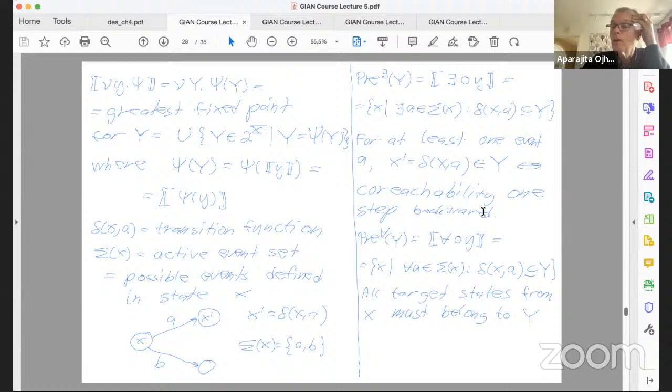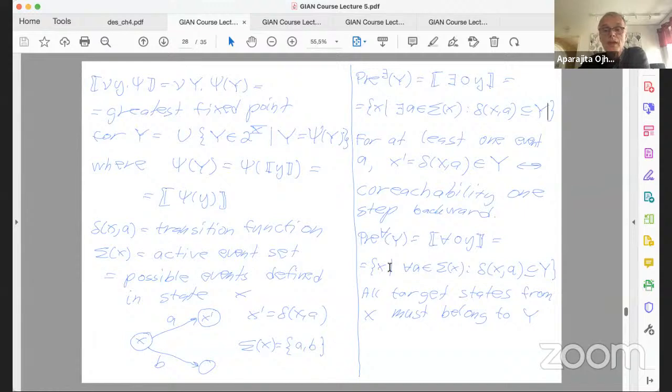So actually, this pre-existence of a set is just that you go backward one step for all the events in all the states you have in this Y set. So actually, this is not that difficult to execute.